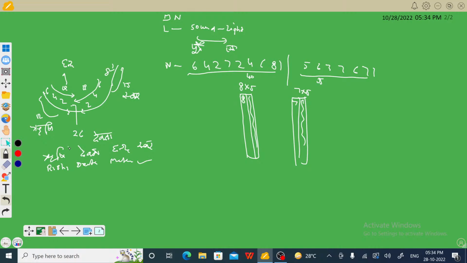Now, each mantra, each Richa of Veda, has these four frames.